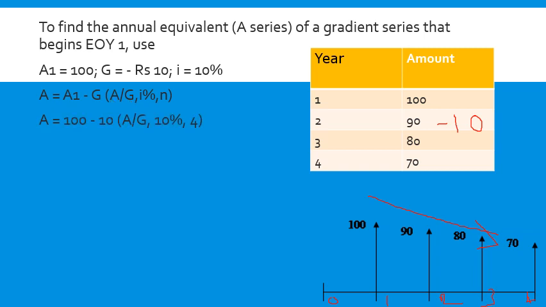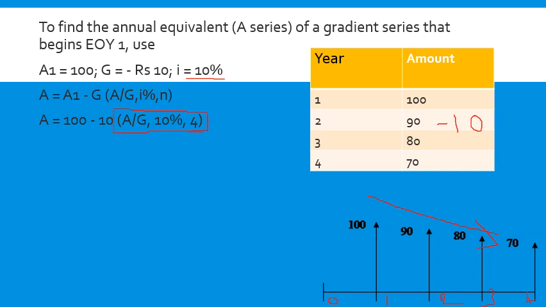The next step is A is equal to 100 minus 10 multiplied by A/G, 10, 4. 10 is the rate of interest and N is the number of years, that is 4. I substitute those values. From where do I get this A/G, 10, 4?